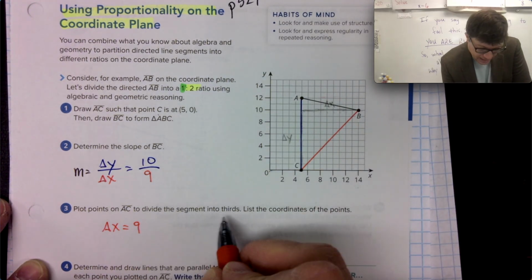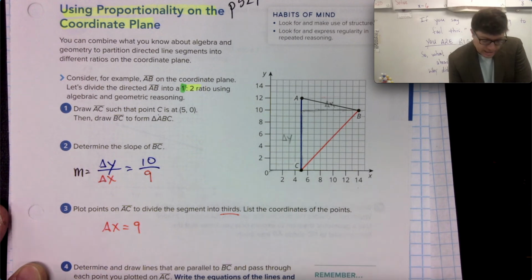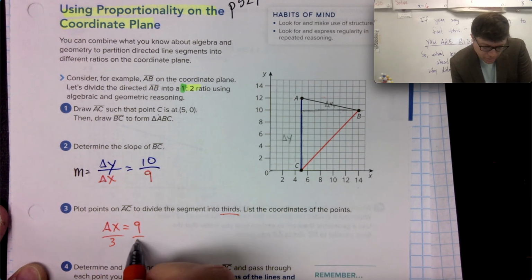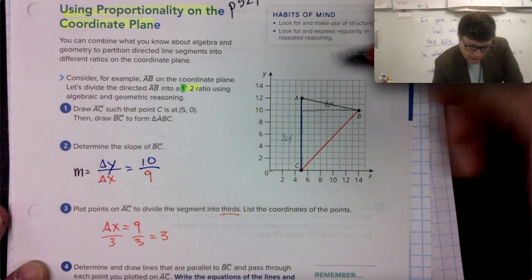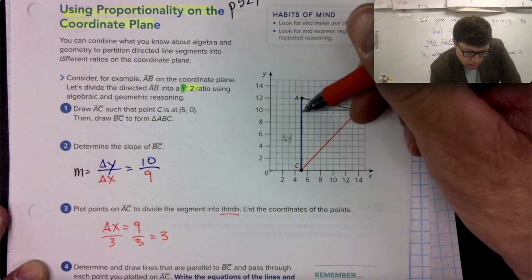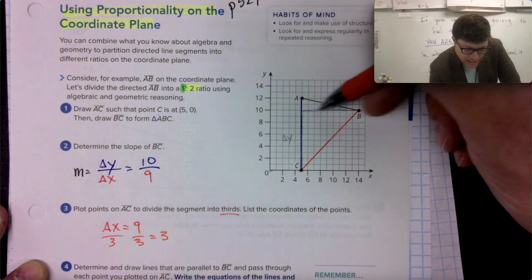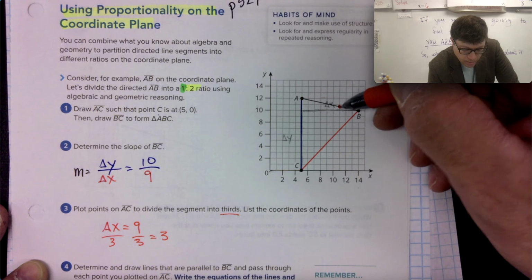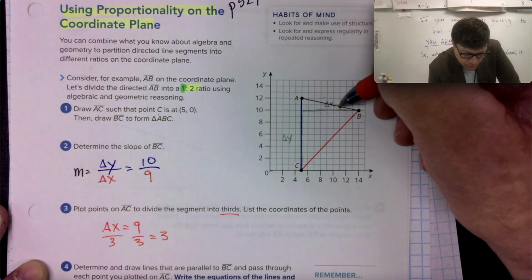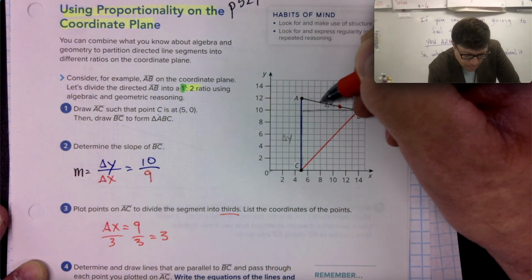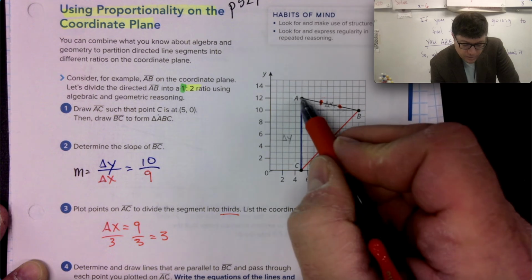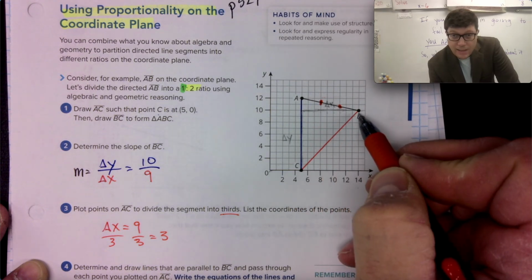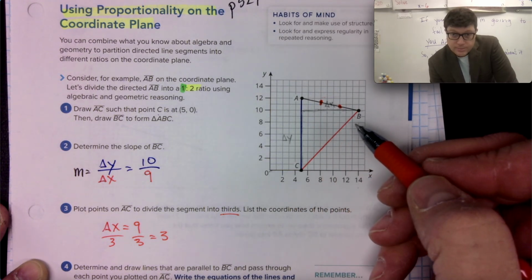So if I want to divide AC into thirds, I could take delta x and divide it by 3, which means as I count along the grid here from B to A, I can count over 3 spaces and make a mark on the line, and then count over 3 more spaces and make a mark on the line. And now I've broken this AB segment up into thirds.